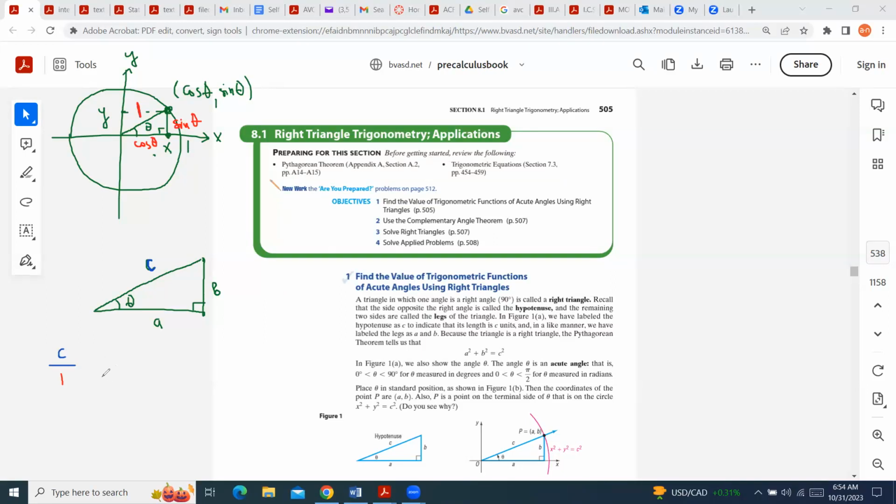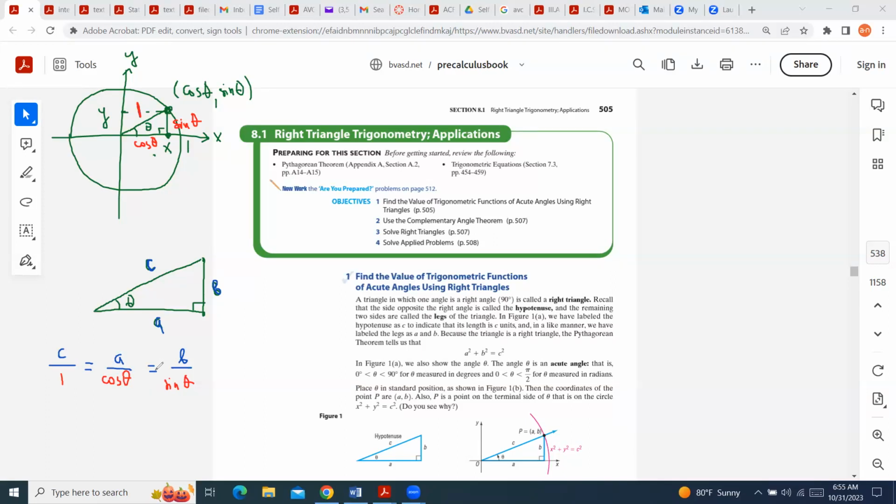So if I divide the corresponding sides on the bigger triangle, it doesn't have to be bigger, it could be smaller, by sine and cosine, the corresponding side B to the sine and A to the cosine, then these quotients will be the same.